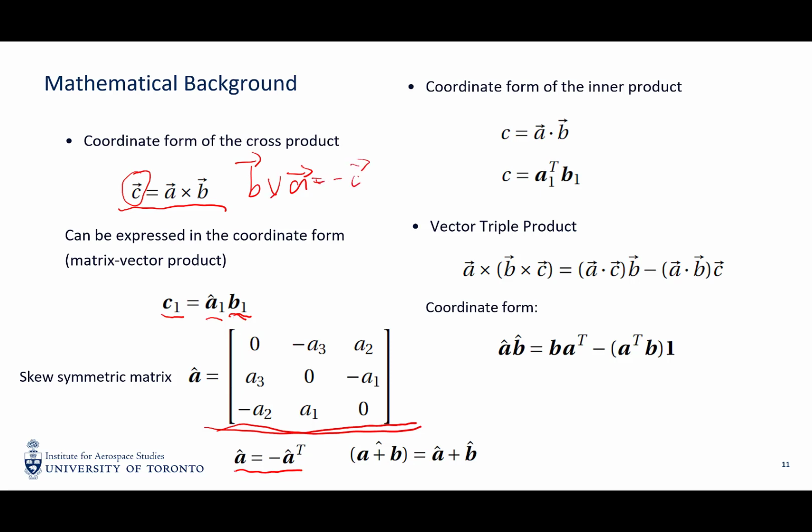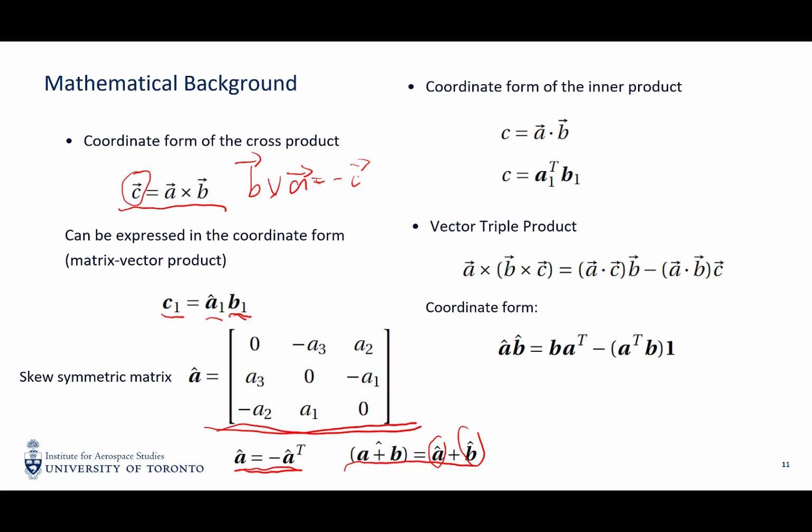Same here: if we do the transpose of this matrix, it will give us a negative because it's skew symmetric. And it also has the property of being linear. Basically, if the vector forming this skew symmetric matrix is a summation of two coordinates, then the result can be expressed by applying this skew symmetric matrix map to each and adding the two results together.